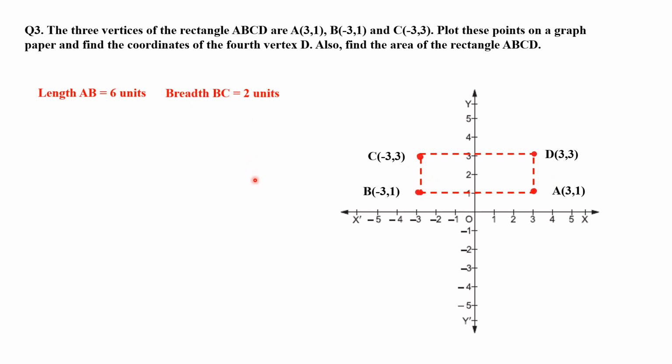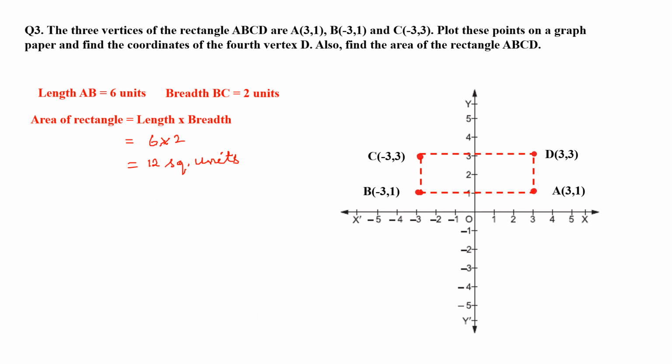Let's put the formula over here and then find out the value of area. So area will be 6 into 2, which will give me 12 square units. So this is the area of rectangle ABCD. Okay, so if you plot your points properly, you can easily find the area, right?